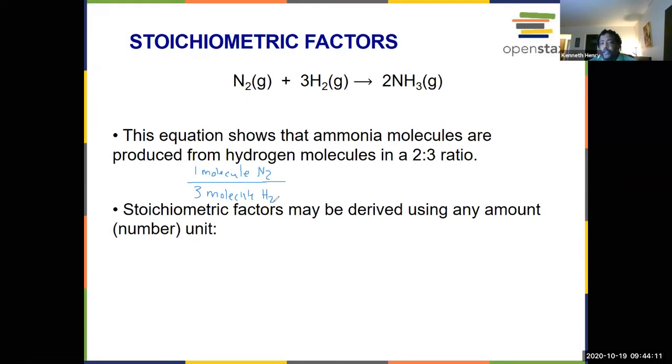Okay, so now I'm going to ask you another question. If I have 1 dozen molecules of nitrogen, how many dozen molecules of hydrogen will I need to react with it?